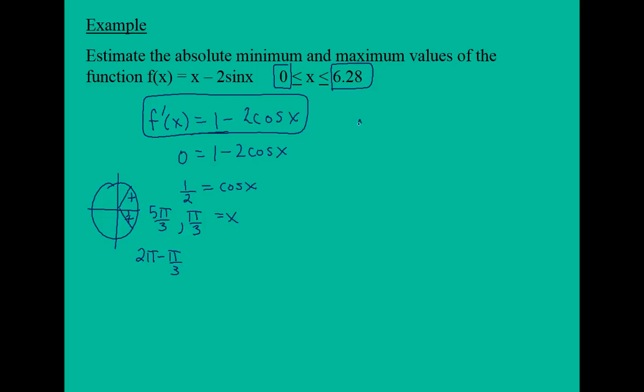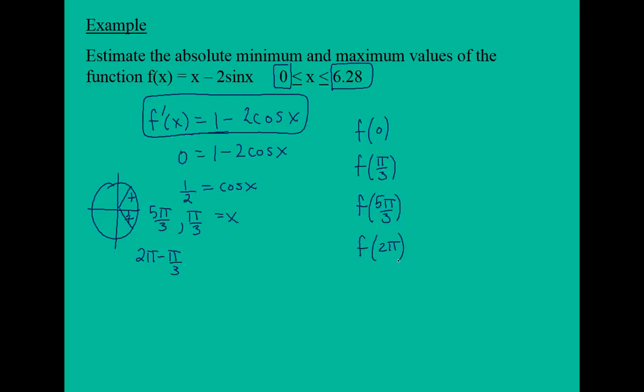So we are going to compare the values f of 0, f of pi over 3, f of 5 pi over 3, and f of 2 pi. And we're going to look for the largest value for our absolute maximum.